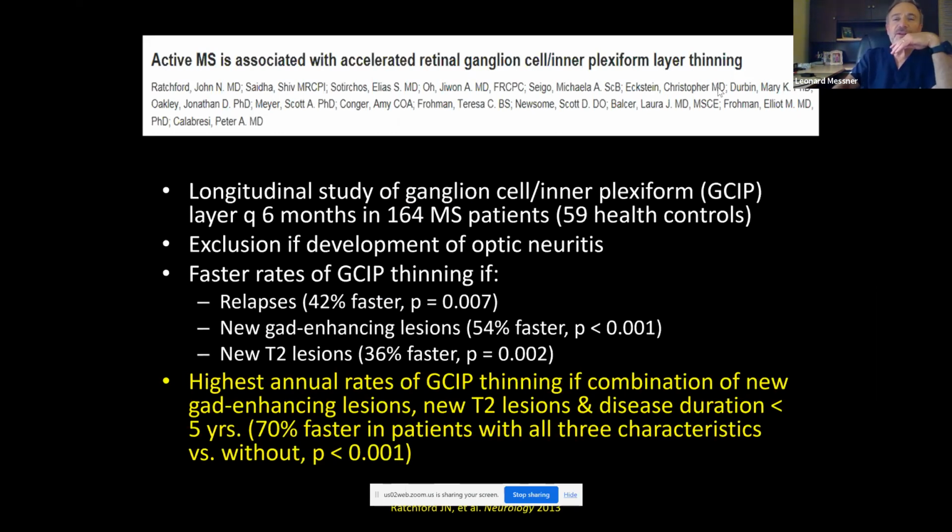So what this tells us is that OCT is a reasonable surrogate marker of disease activity. Does it replace the MRI? Absolutely not. But it can be helpful if the neuroradiologic findings are otherwise equivocal. So, serial OCTs in your MS patients, with reports getting back to neurology.